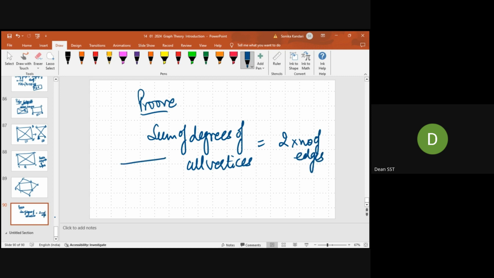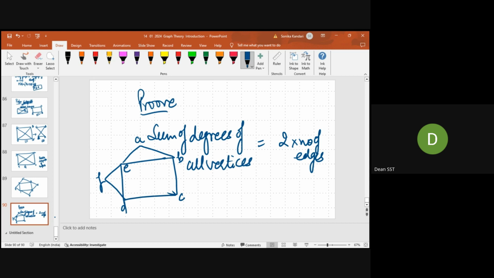I am giving you one graph. This is your graph, with vertices A, B, C, D, E, F. You have to prove that the sum of degrees of all vertices is equal to twice the number of edges.